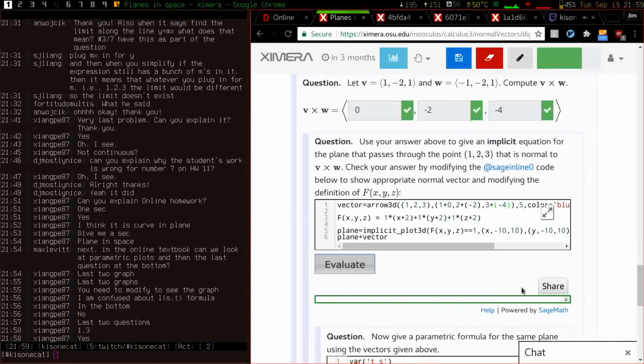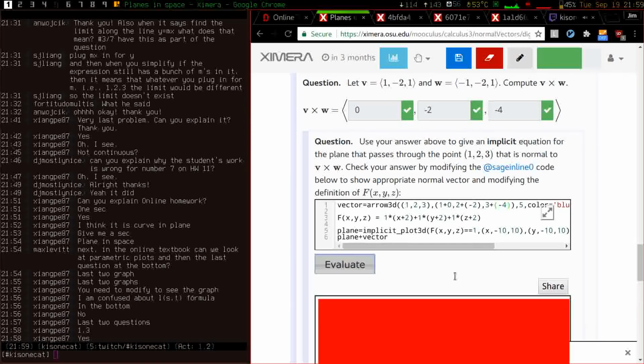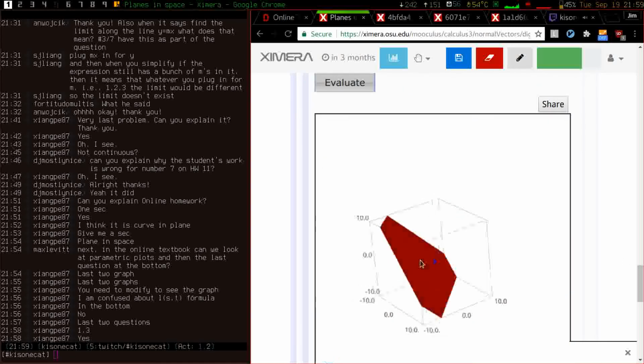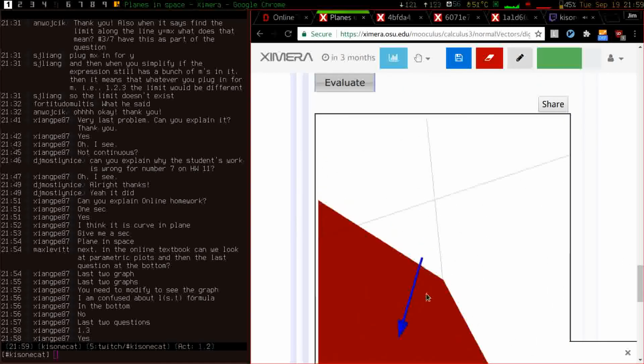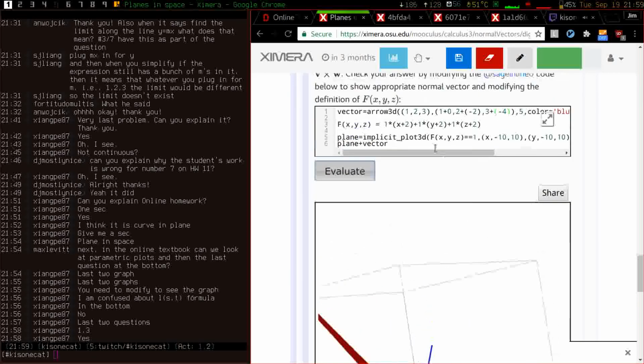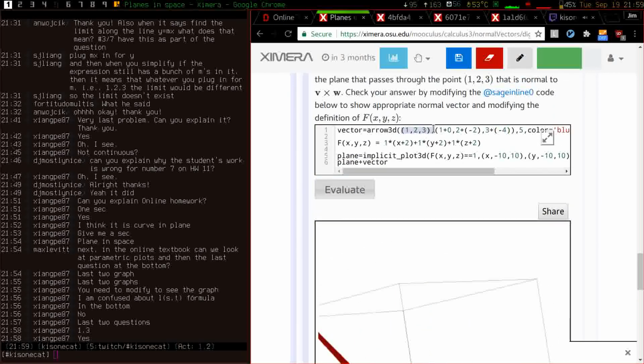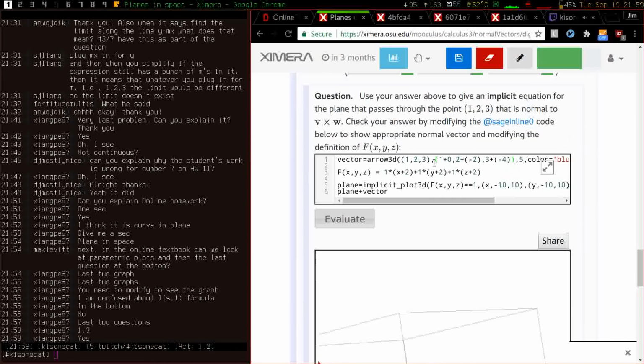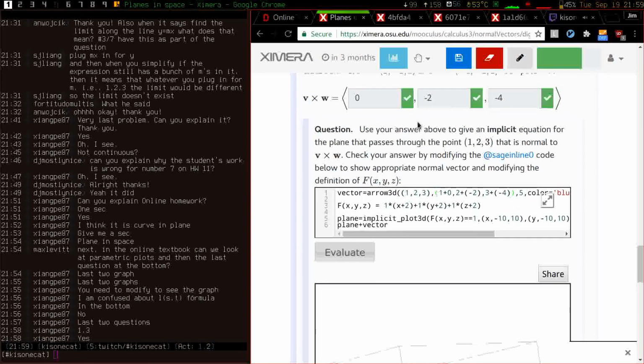That's going to draw for me a vector which starts at the point. So that blue thing there is now a vector that starts at the point 1, 2, 3 and then ends at 1, 2, 3 plus 0, minus 2, minus 4, which is what this normal vector is.